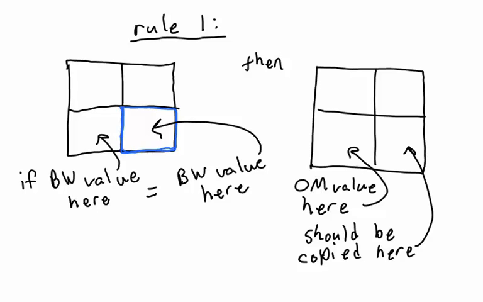In other words, if the black-white value is the same in the 2 adjacent pixels, the pixel we're trying to fill in and the pixel to its left, then the object matrix value should be the same also.